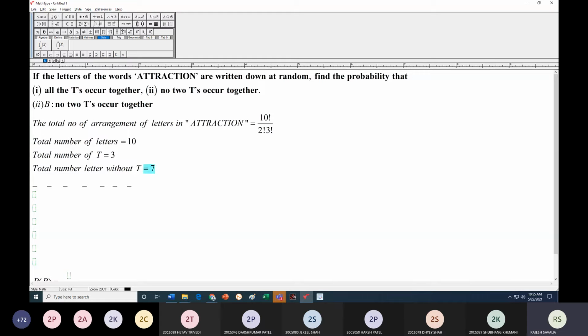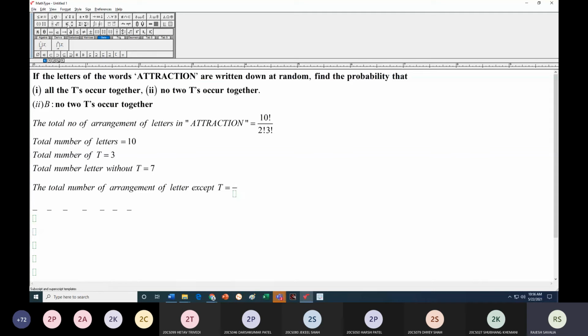We only have to look at these. Okay? Fine. So the total number of arrangements of letters except T equals, so again use rule number 6.